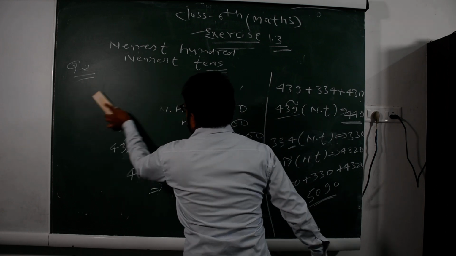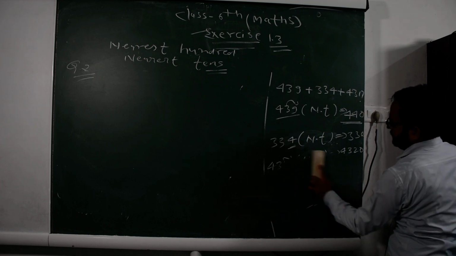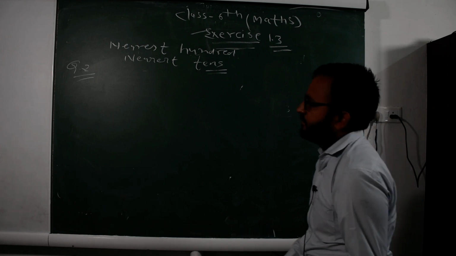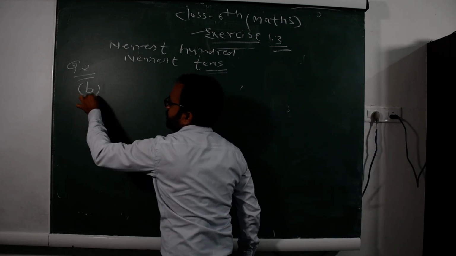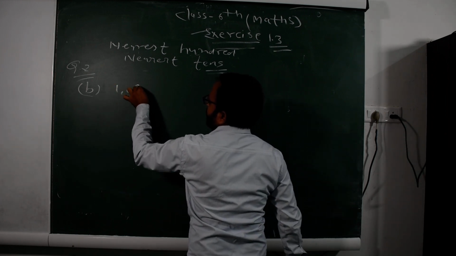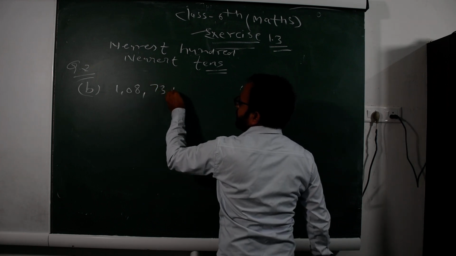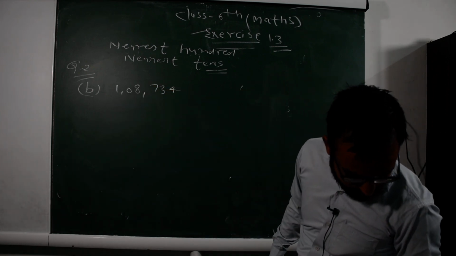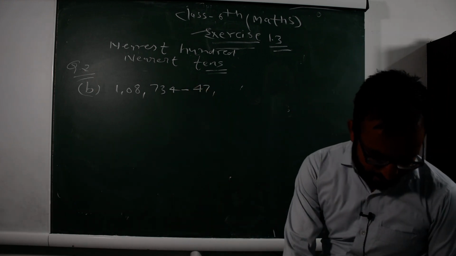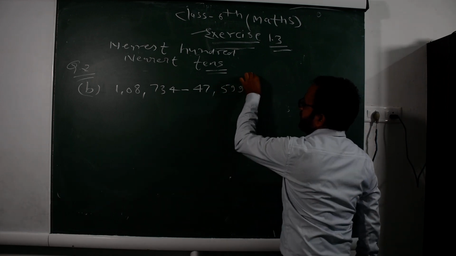B part. Question is 1,08,734 minus 47,599.